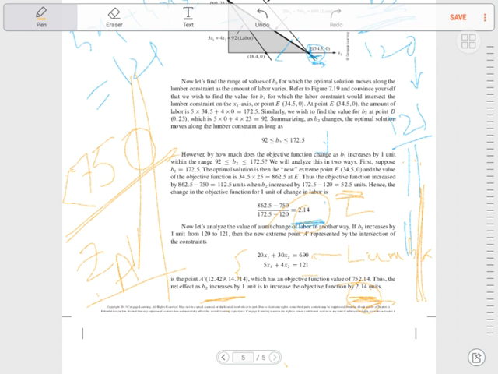Okay, so all the constants remain fixed. What is only changing? The objective function. How is the objective function changing? The profit per unit table is changing there, or you may change the profit per unit bookcase also. Okay, so in that case we have to keep all these remaining constants in mind. That's why the constants were the same.